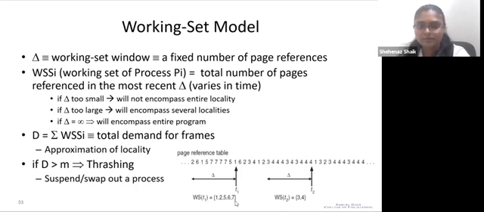So we have 5 different pages that this particular process is accessing. Or in other words, if we consider delta to be this size, then we can say that the current locality of the process is these 5 pages. Okay? And similarly, at this point in time, the locality of the process is only 2 pages. It is only accessing these 2 pages, 3 and 4.